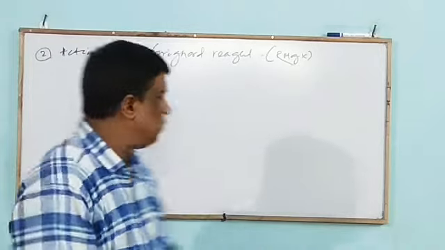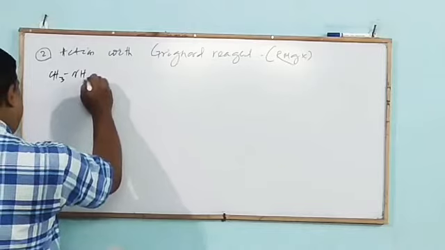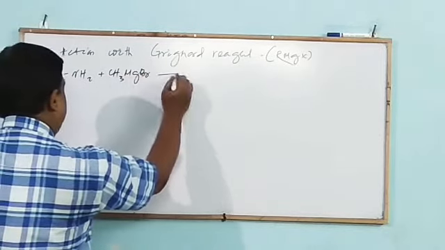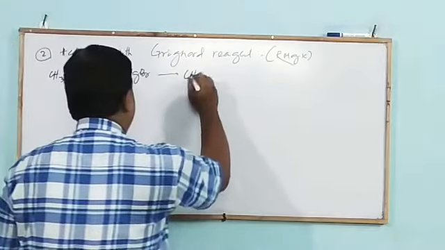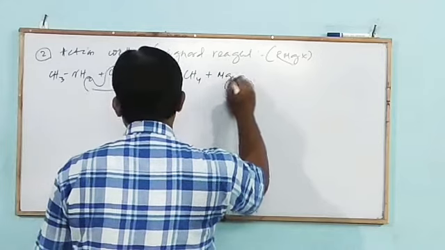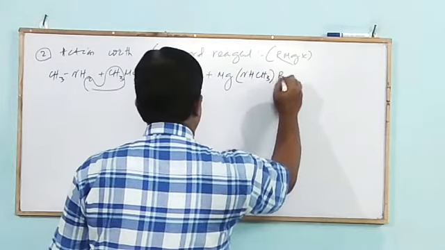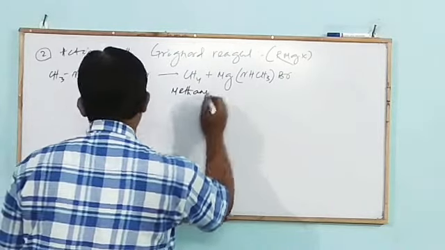Mark the equation. Methylamine reacts with the Grignard reagent methyl magnesium bromide, so H and CH3 form CH4 plus MgNHCH3. The main product is methane.